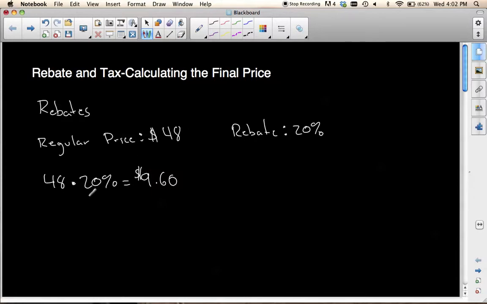Okay, you can also go 48 times 0.2 as a decimal, or 0.20 as a decimal, and that'll also give you $9.60. Or even if you want, you can take 48 and multiply it by 20 over 100.